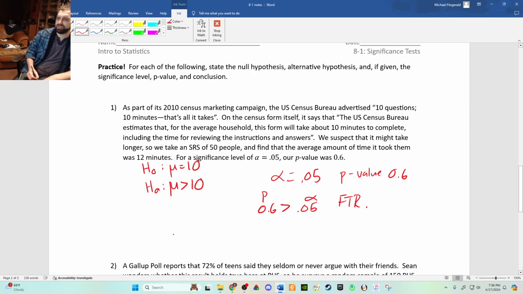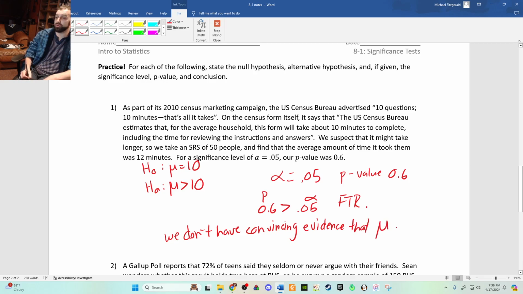What this means is we don't have convincing evidence that this mu, the average amount of time it takes, is greater than 10. We don't have evidence that it's greater than that. We don't have evidence for the alternative hypothesis.